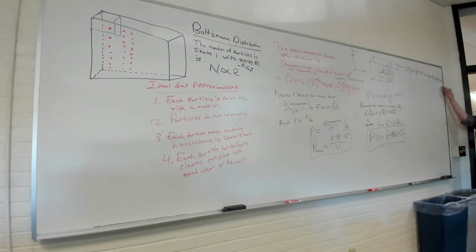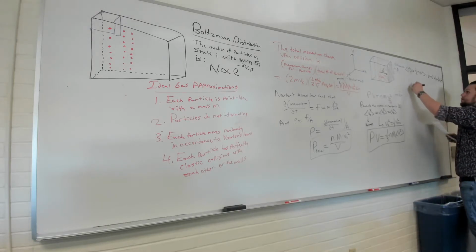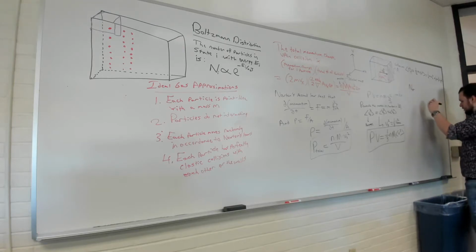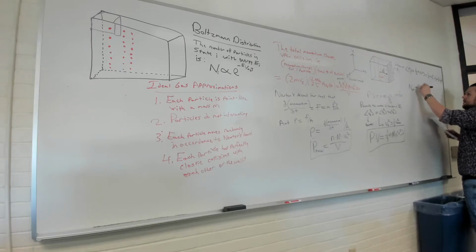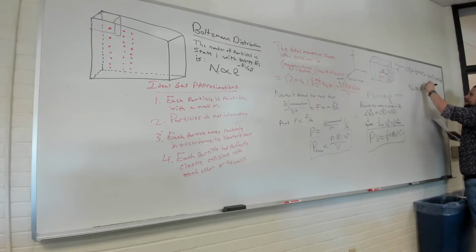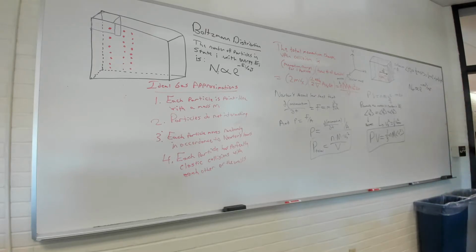All right, and so we have a formula for the energy right here. This is the energy of the particle on average. So we can plug it straight into Boltzmann's distribution, which says that the number of particles of a given velocity, which we'll write as n sub v, is proportional to e to the minus mv squared over 2 kBT, where the 1/2 has been distributed out into the denominator.